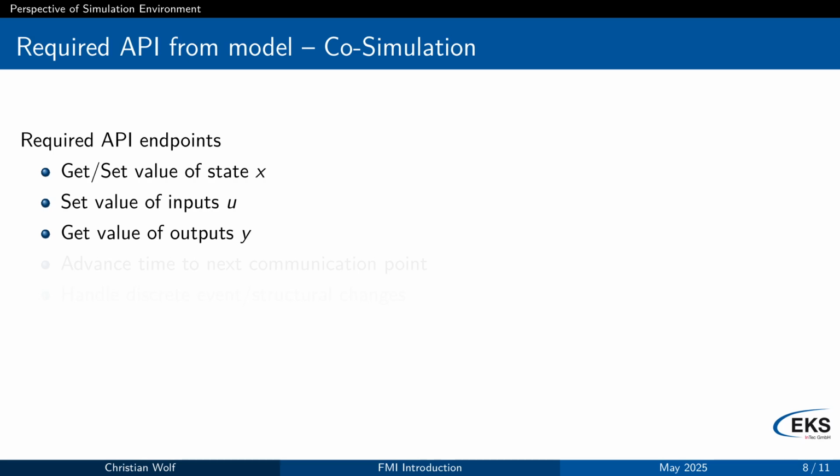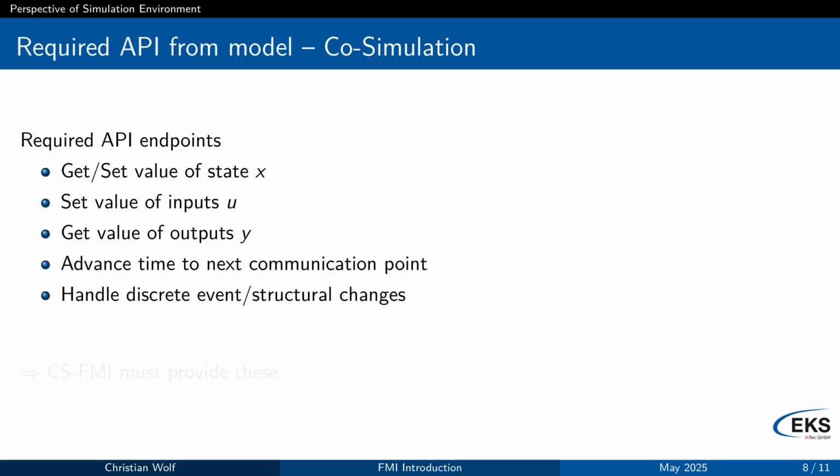But back to co-simulation, you have these very basic functions that are shown here. You need something to advance the time to the next communication point, and you need something to handle the event and structural changes, because looking at the FMU from the outside, you have no way to make the FMU do as you like.